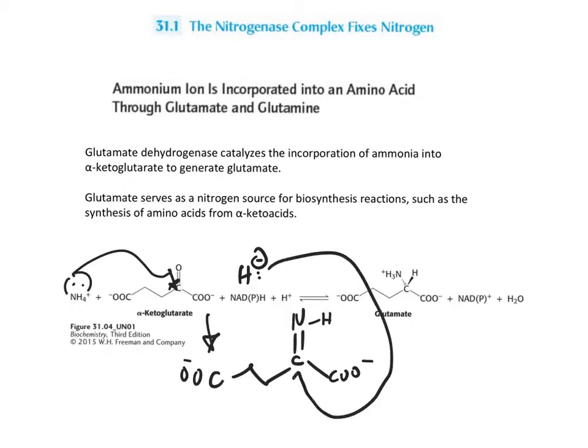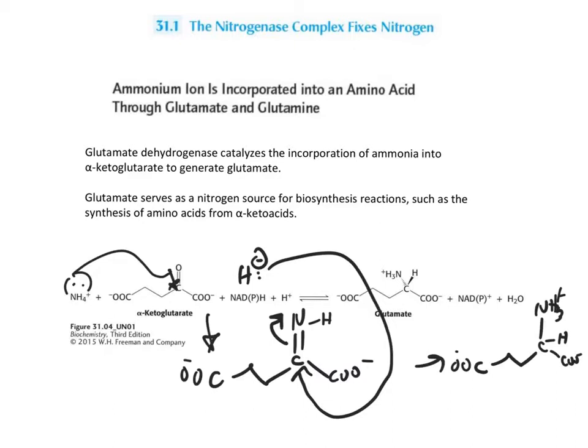This will come in to reduce, and we'll end up with just an NH2, so NH3 usually, which is also drawn right here. So this is a quick way of making glutamate from alpha ketoglutarate, which you guys have already previously seen.